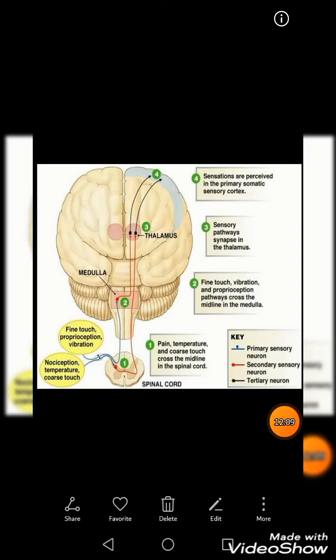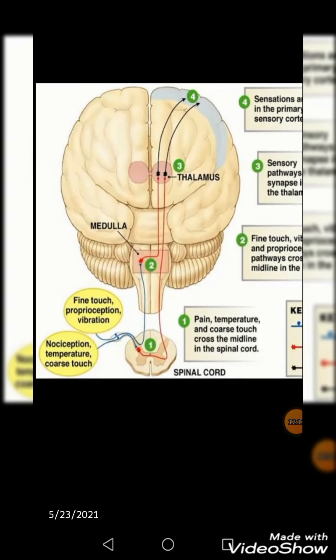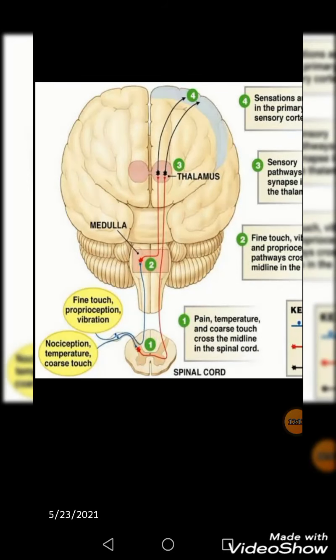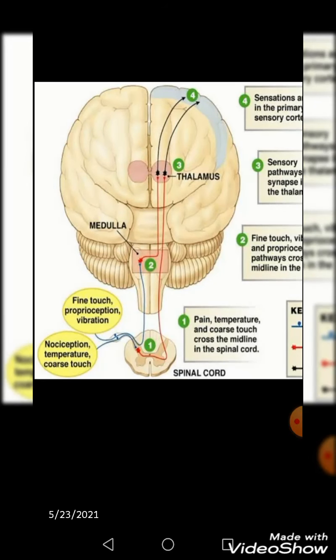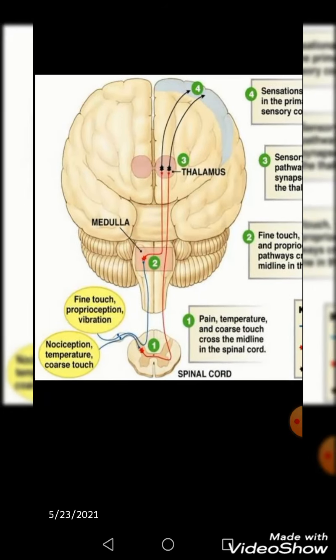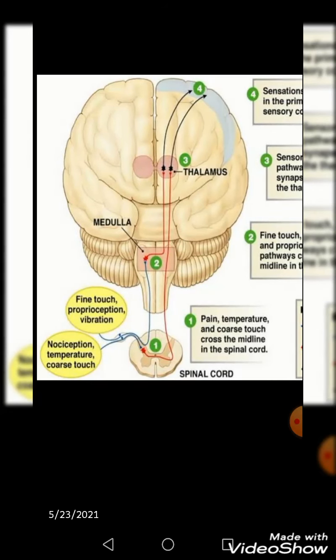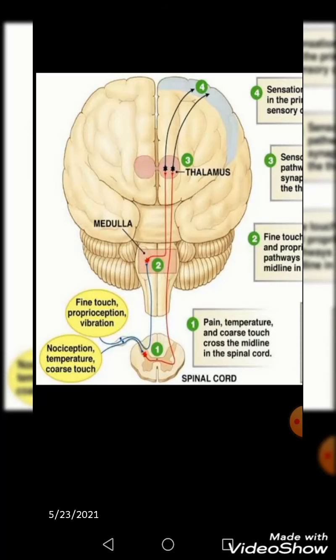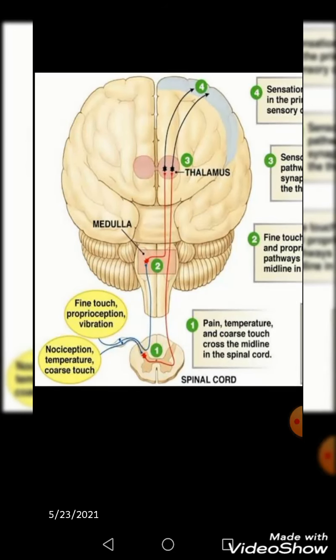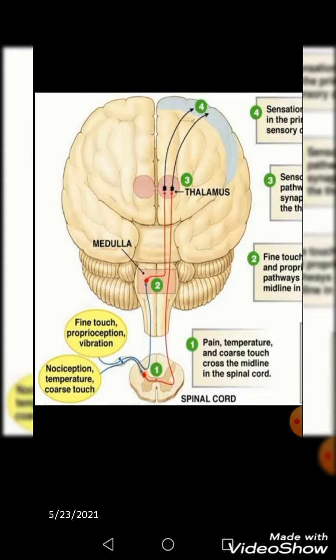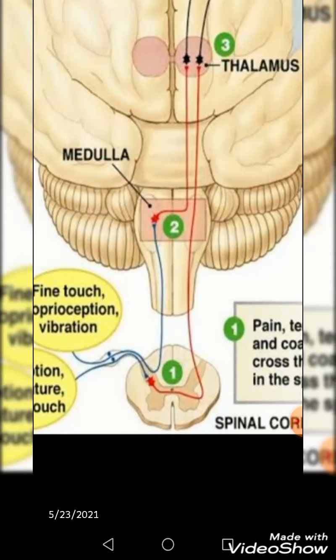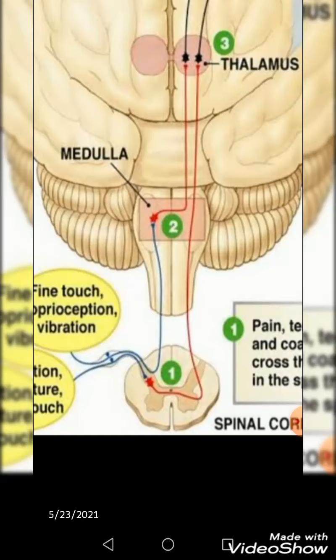Another important diagram I have taken for you shows information like fine touch, proprioception and vibration. The other column is showing nociception, temperature and coarse touch. They are moving from the receptor up to the dorsal root ganglia. From here, the cell bodies of the sensory neurons lie. The information is entering into the dorsal horn of the gray matter of the spinal cord.